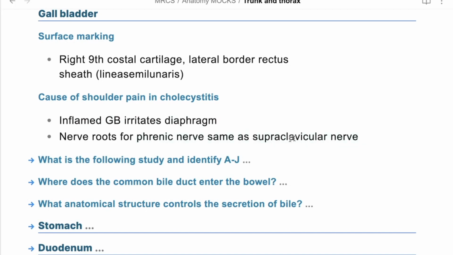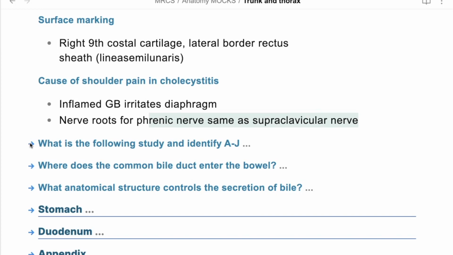So that's why the supraclavicular nerve will share some pain, called the referred pain, like you said, and it will cause some sort of shoulder pain. But it starts with the diaphragm being supplied by the phrenic nerve. Gallbladder inflammation will lead to irritation of the diaphragm, and the pain will be referred to C3, 4, 5, which is still the origin of the supraclavicular nerve.